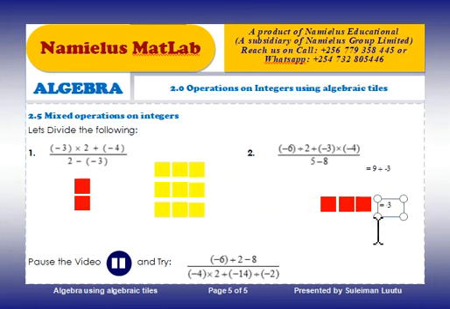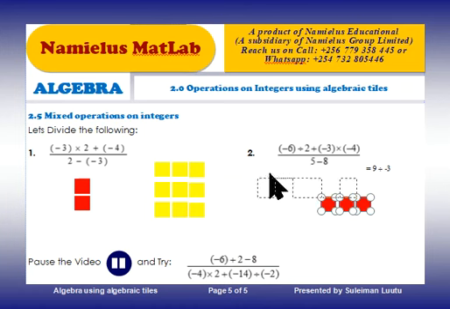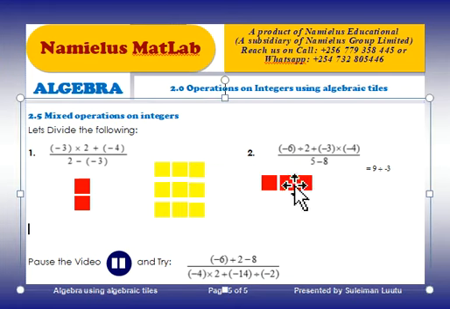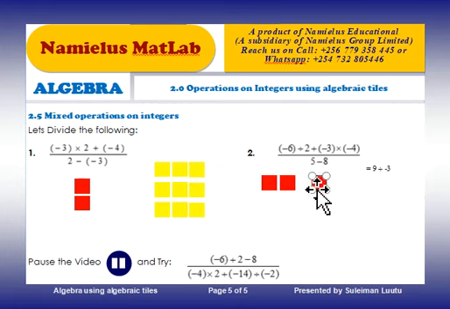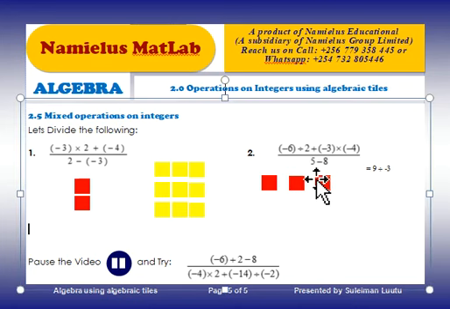So 9 divided by negative 3. Let's put these 3's and we see how many we get. This is negative 3. Remember, this negative which we are dividing with will affect this.